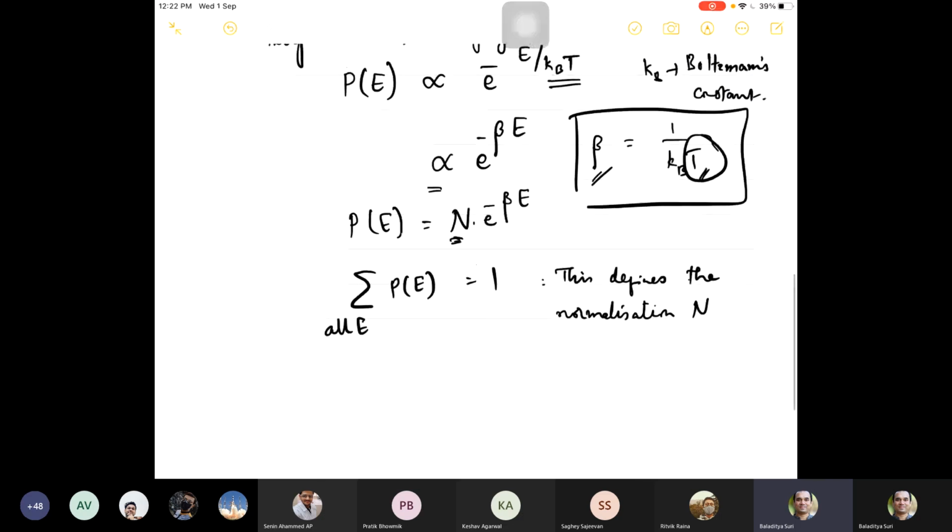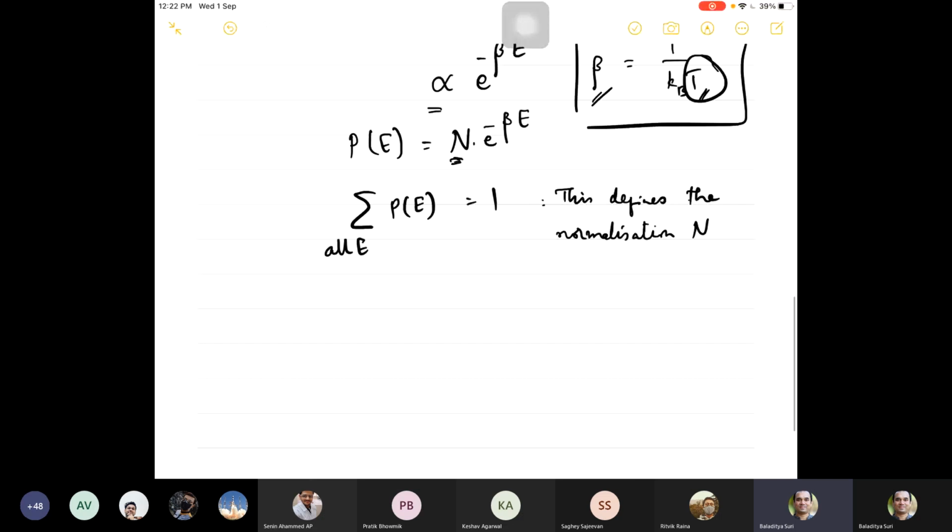Now, if you have a system, for example, let us say we have a system which has possible energies E1, E2, and so on up to En. Then the probability that the system has energy Ei will be some normalization times e to the power of minus beta Ei.